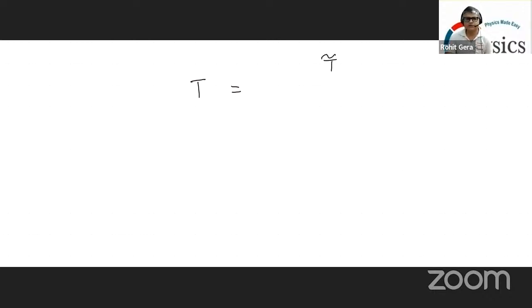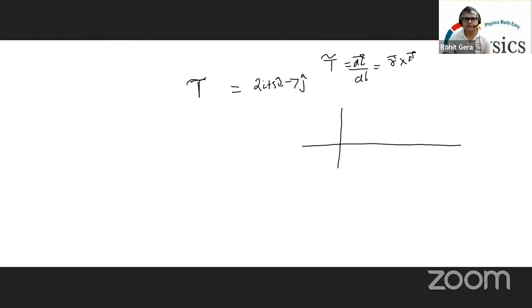So you can use this dL by dt, you can also use r cross F. If I tell you the torque resultant has come out to be some value, for example 2i plus 5k minus 7j, acting about the origin, and the particle is located at r equal to i plus j plus k.